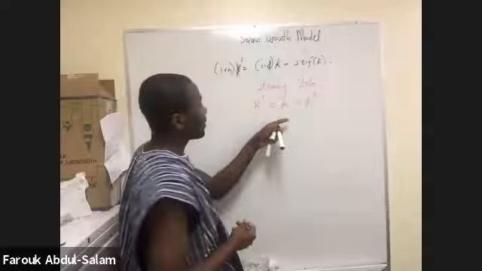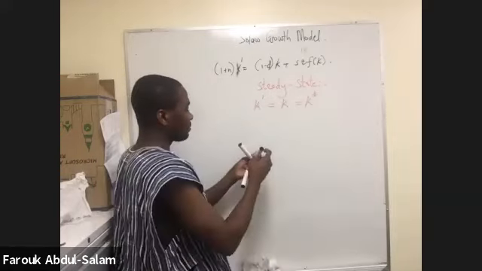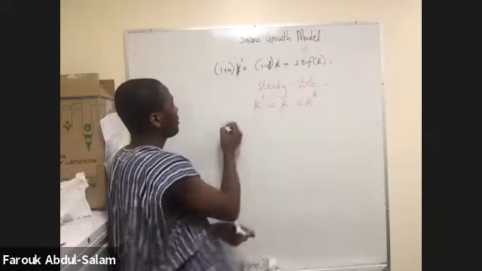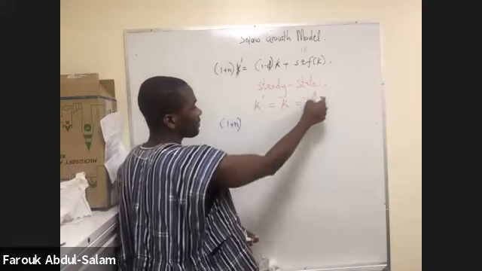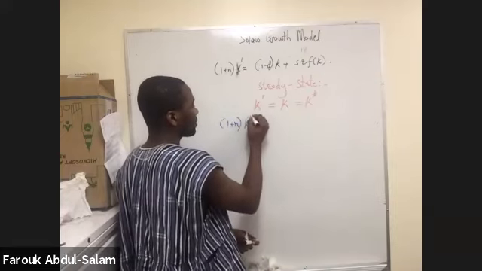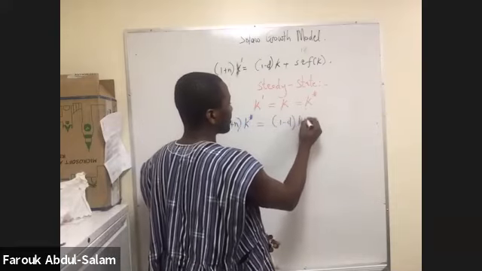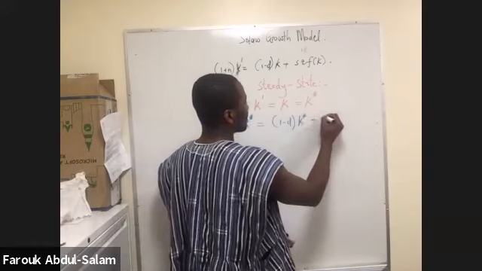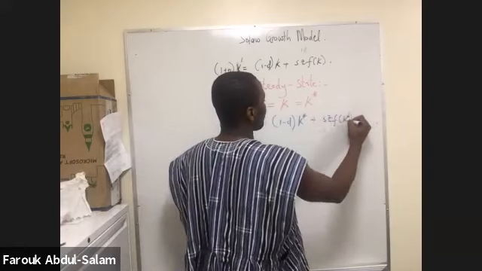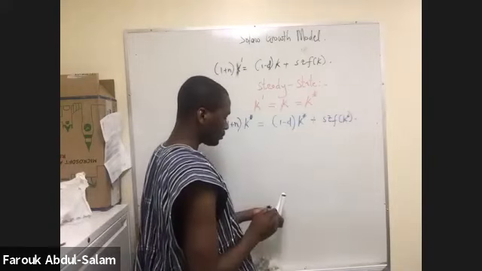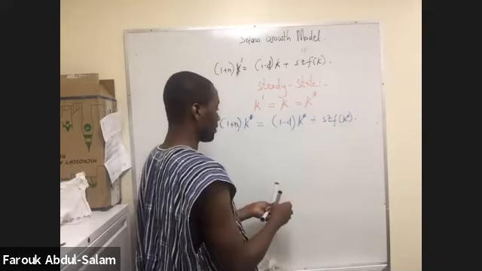So we have these guys here. We have k. Instead of writing this guy in this form, I can quickly come back here and write him as 1 plus n. Instead of k prime, I know k prime is the same as k, which is the same as k star. So this goes to 1 plus n k star equals 1 minus d k star plus s z f of k star. I can do a couple of things on one side of the equation and some on the other.